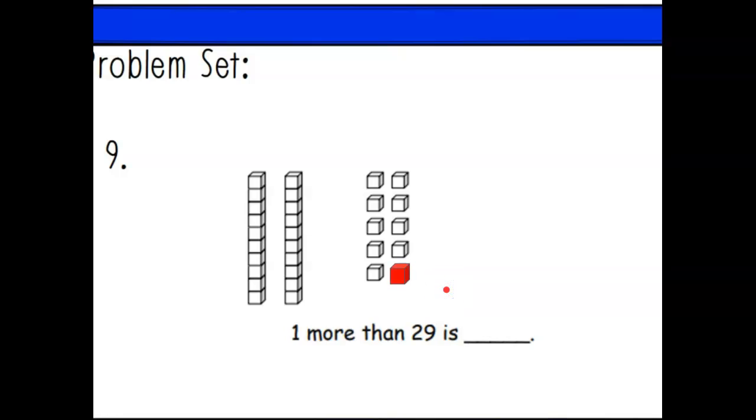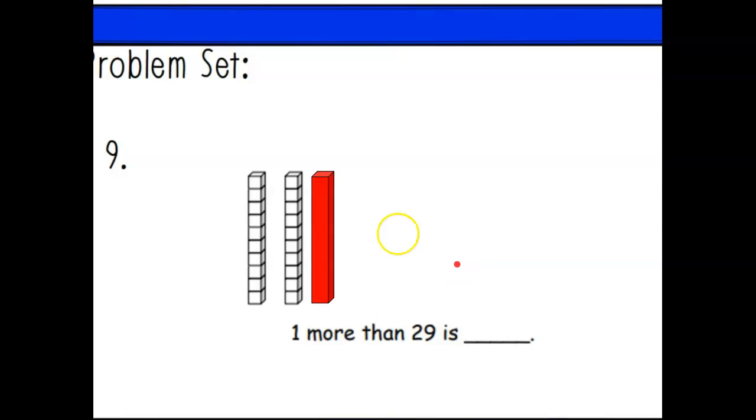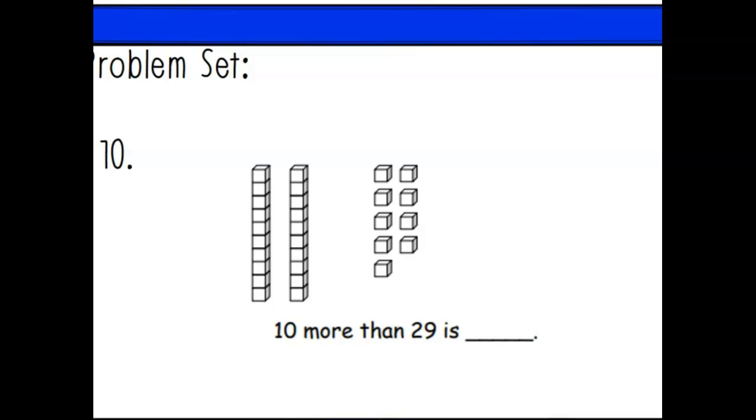So I'm going to add my 1 more. Oh, but now look what I see. 1, 2, 3, 4, 5, 6, 7, 8, 9, 10. So we're going to trade that 10 for a 10 stick. So 1 more than 29 is, did you say 30? 10, 20, 30? Good job.